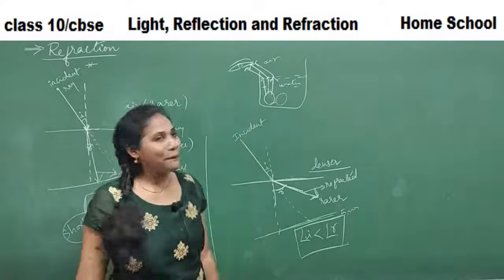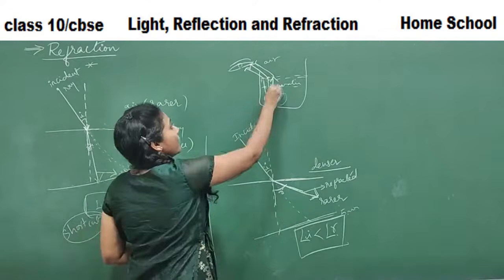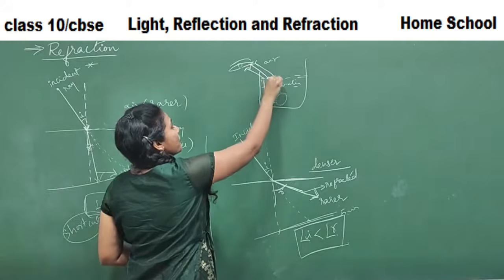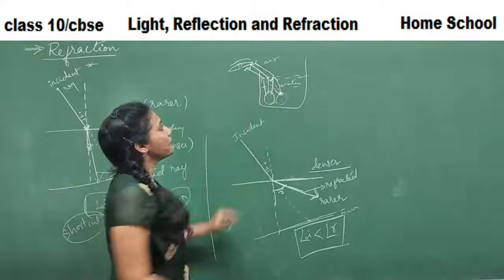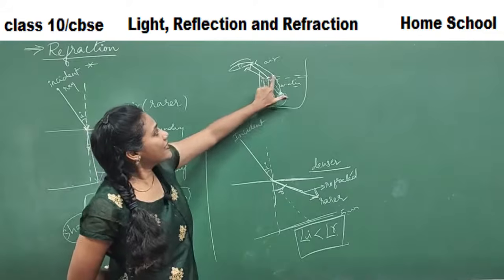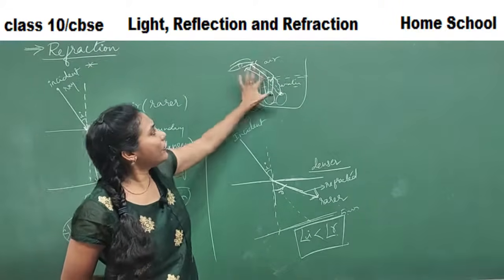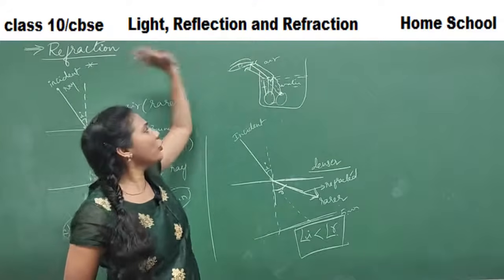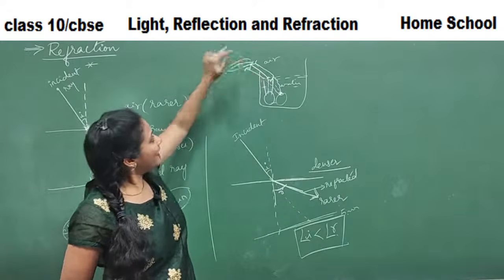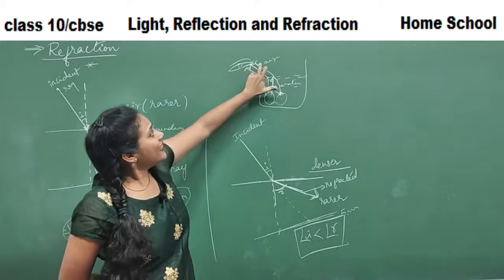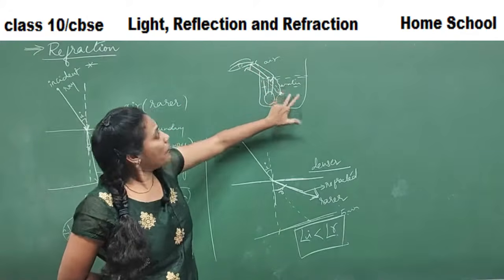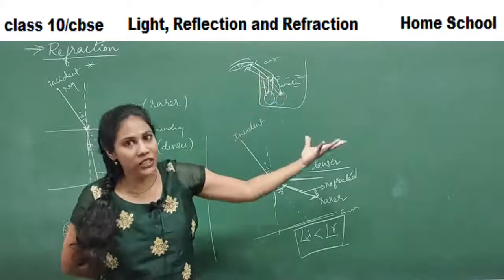So why is that happening? If I project these lines, they meet at this point. The refracted rays reached my eye. Refraction occurred. Bending of light is called refraction. Since the rays have bent and reached my eye, these rays have to meet at a certain point. There I will find my object, actually.